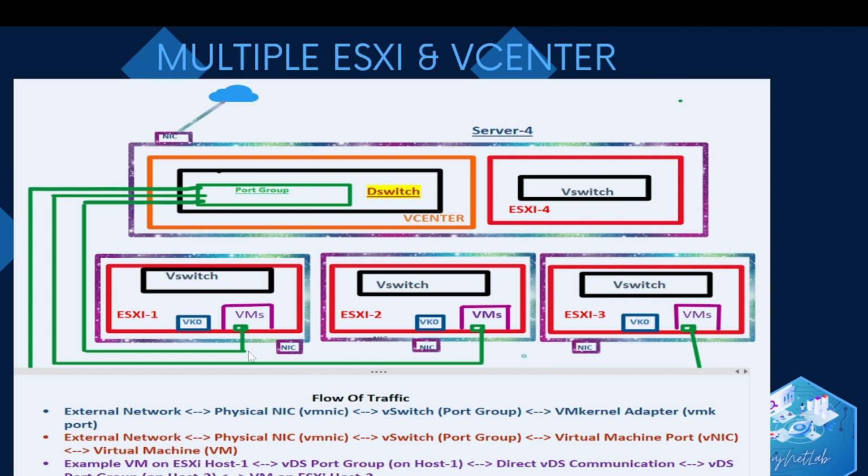So this traffic will not go to this NIC, but actually this VM will go to that port group, and that port group has the uplink, and that uplink will be connected to the NIC. This way, from this NIC, it will go to this NIC, and from there to the port group, then to the D switch, and from the D switch to the port group, and then internally, it is mapped to the VM. This is how it's getting communication.